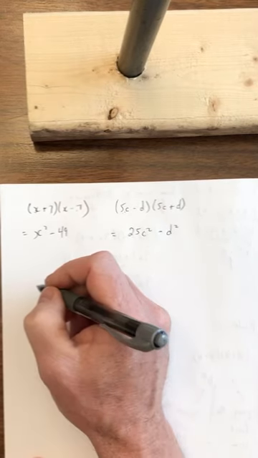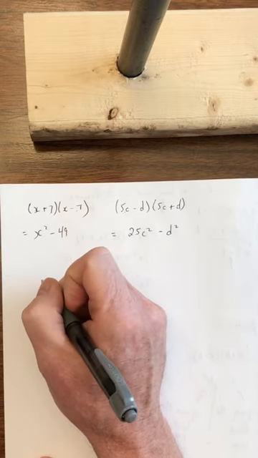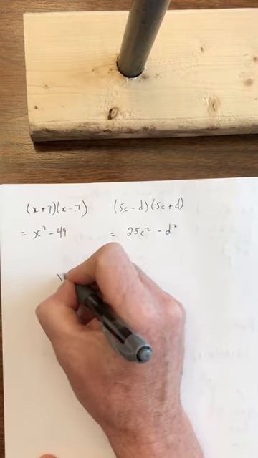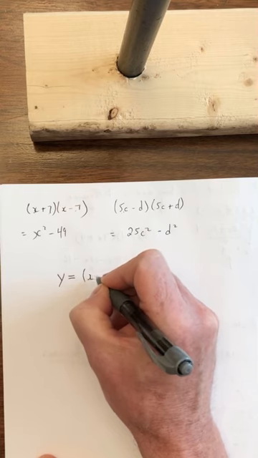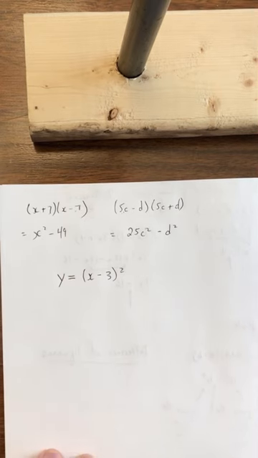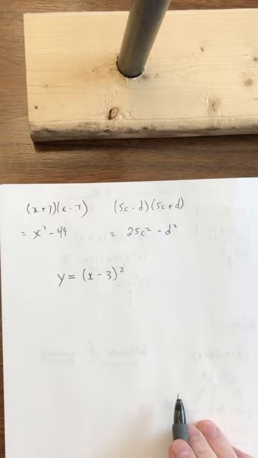All right, and a word problem. So we have a parabola with the equation of y is equal to x minus 3 squared. What are the coordinates of the vertex? So we can look at this in a couple different ways.